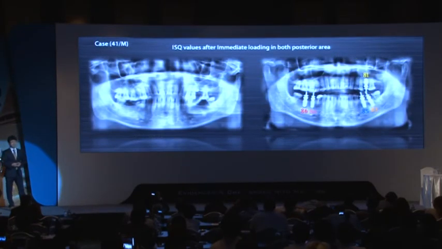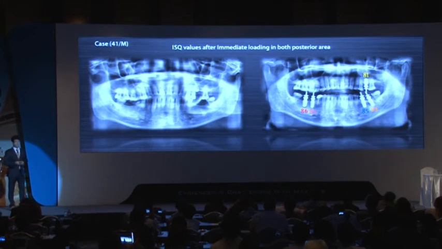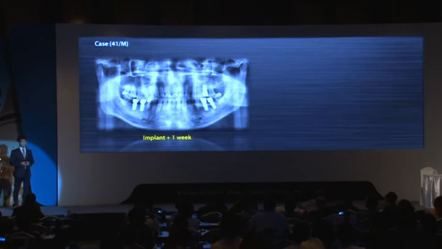In this case, all implants showed insertion torque above 40 Newton centimeters and ISQ value above 80 at the time of implant placement. So the final prosthesis was delivered 1 week postoperatively for all implants.